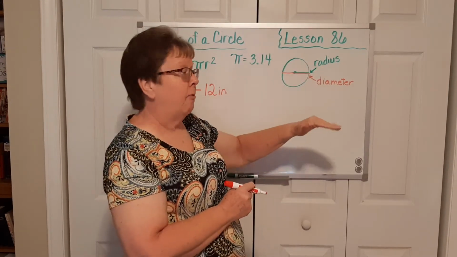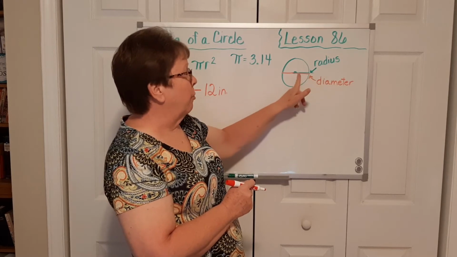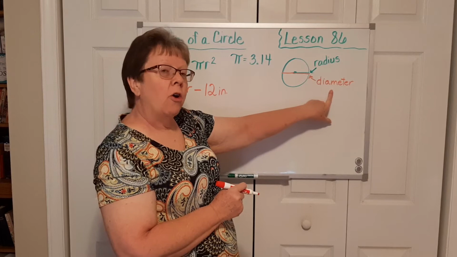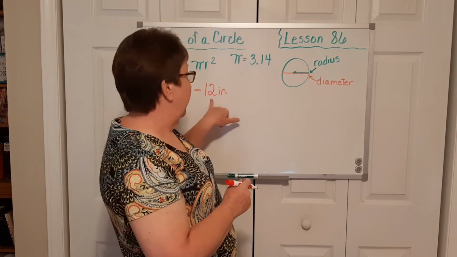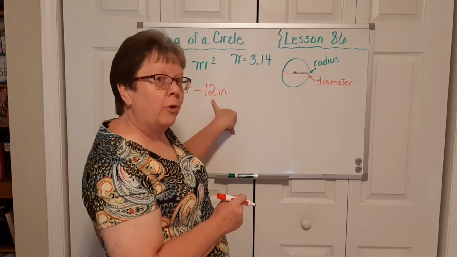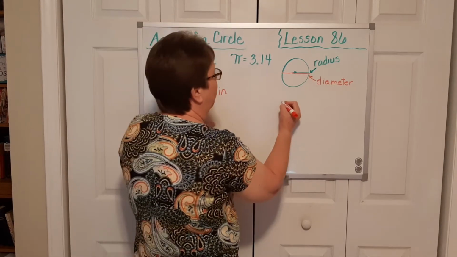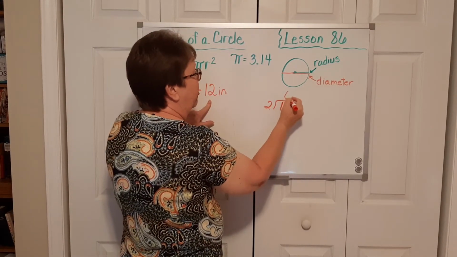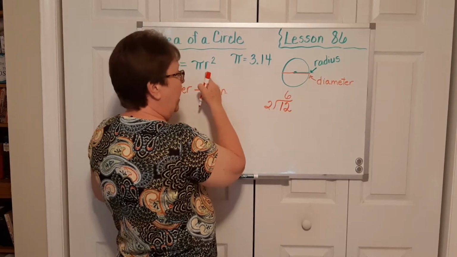So half of the diameter is the radius. If they give you the diameter, all you have to do is divide it by 2 to find your radius. So we take our 12, divide it by 2, and 6 would be your radius.